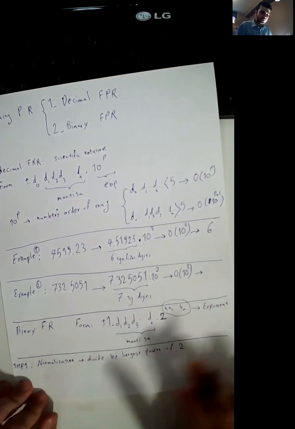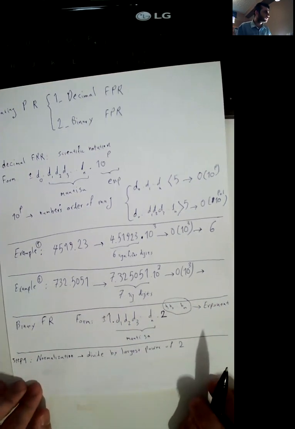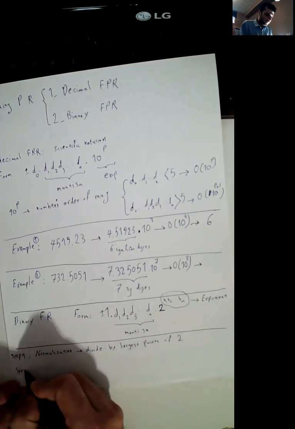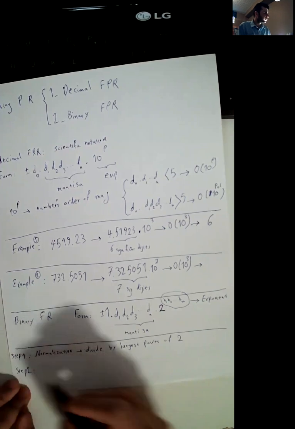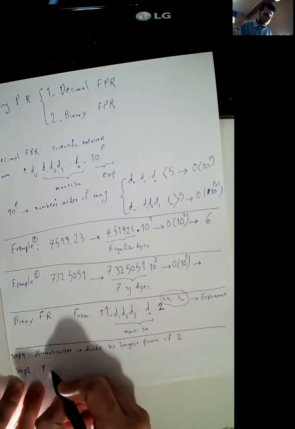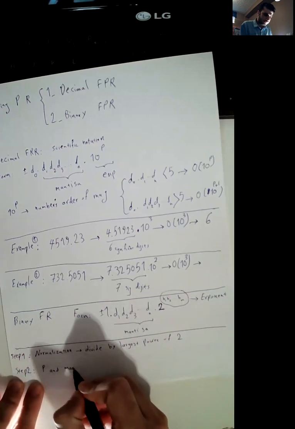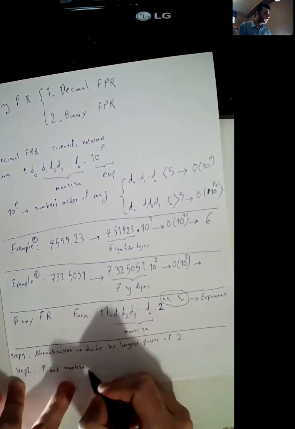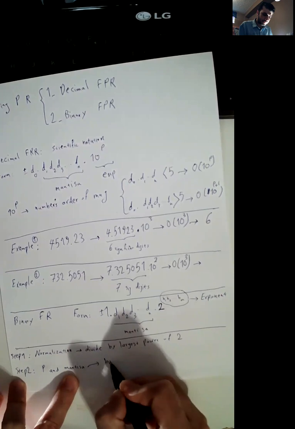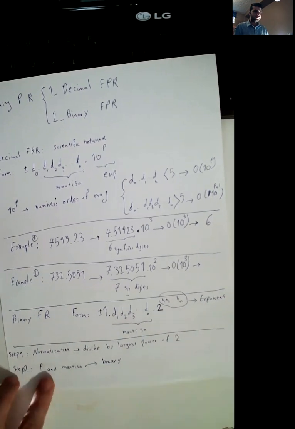It should be smaller than your number. For step 2, the power p and the mantissa will be converted to binary. I will show you an example of how to do that.